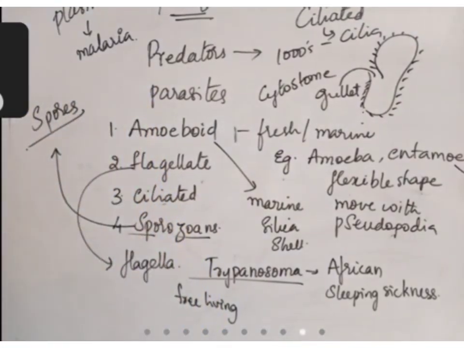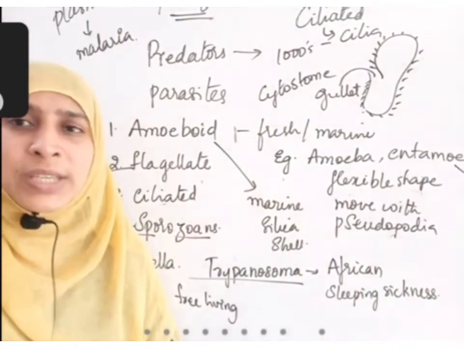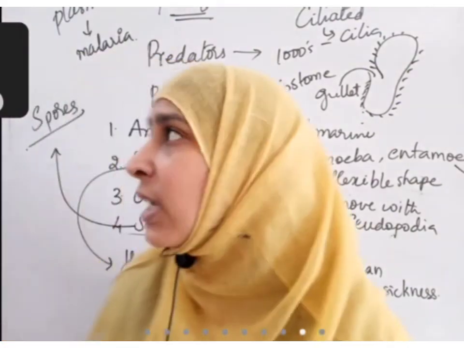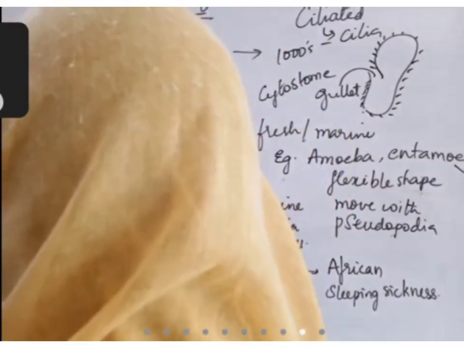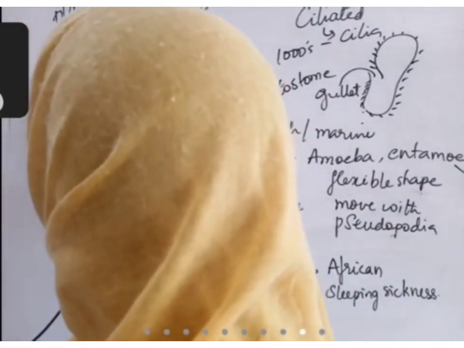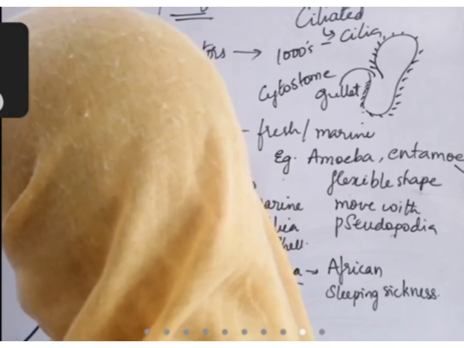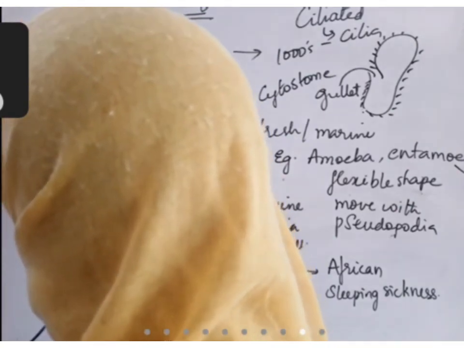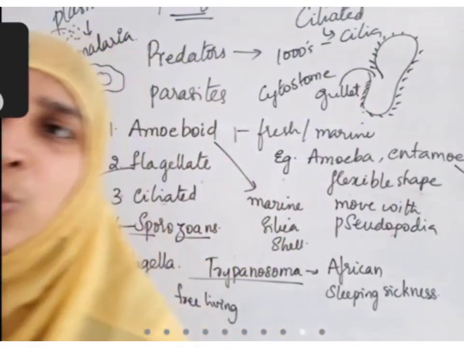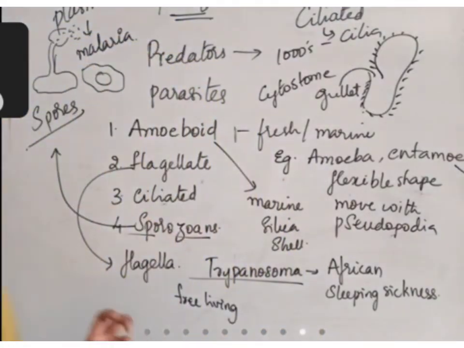During the lifetime of this plasmodium, sometimes it converts into a spore bearing form. Normally it has a shape like this, with a nucleus, but when it develops spores, it will grow a structure bearing spores, and it will burst open and release the spores outside, which can give rise to new individuals.